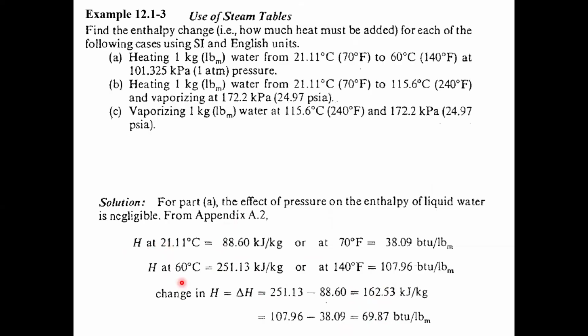The next problem is about heating water from 21.11 to 115.6 and vaporizing it at 172.2 kilopascal. The pressure of that unit is very high, and therefore it boils at a very high temperature.